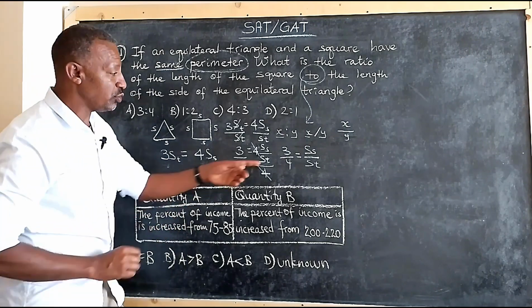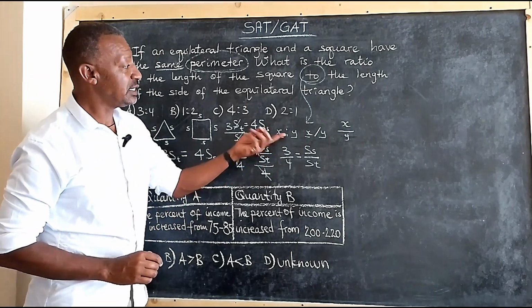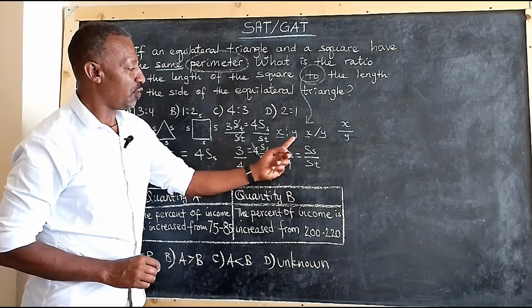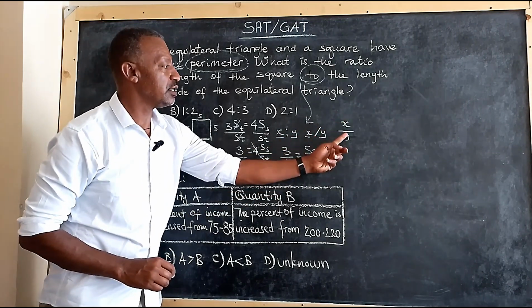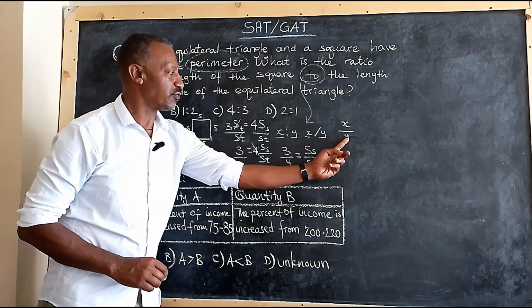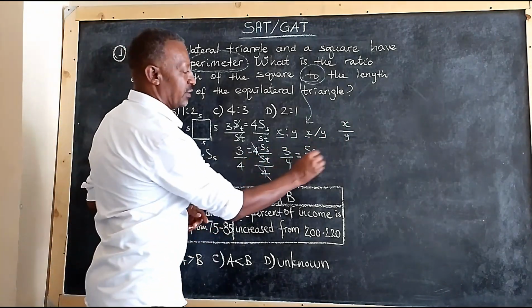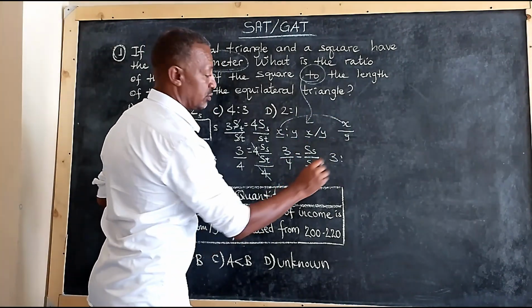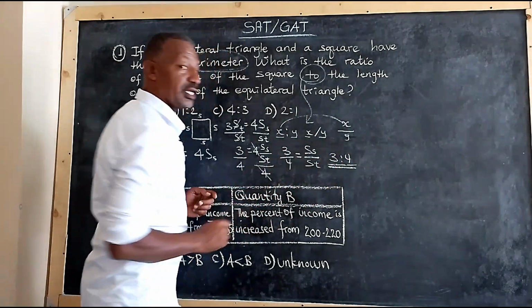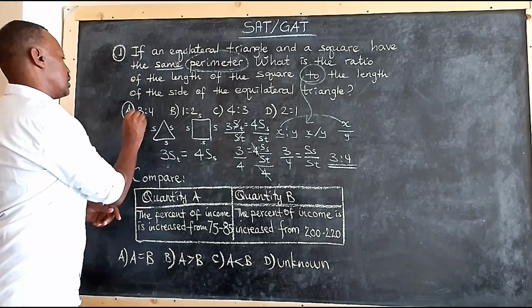As I told you, 3 over 4 means 3 to 4, or 3 slash 4, or 3 over 4. This is the ratio.